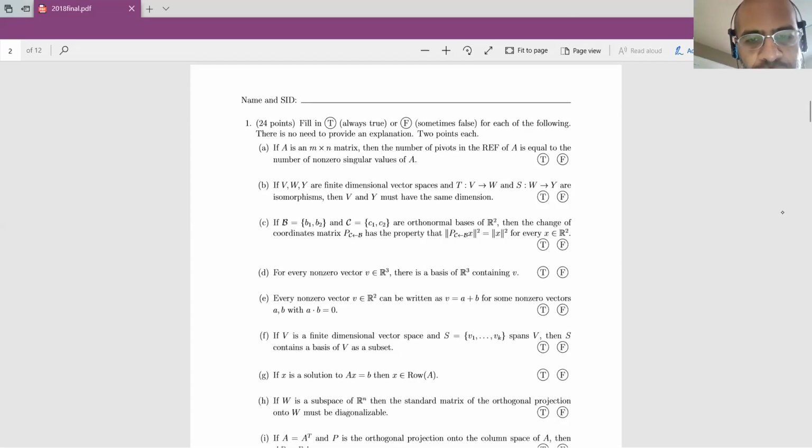So first you just search your brain for, well, is this true? And if it's true, you need to connect two things, pivots in the REF and non-zero singular values. So the question is, are those equal? And it's for any rectangular matrix. So what do those quantities mean? Are they related to any other quantity that you know?